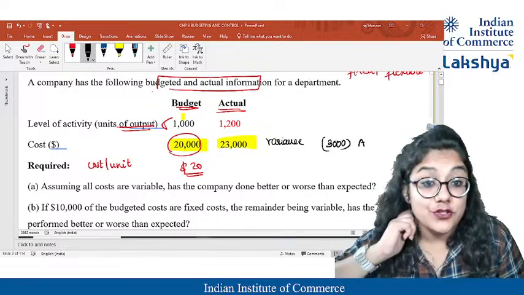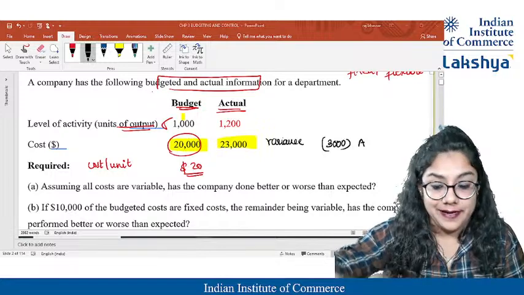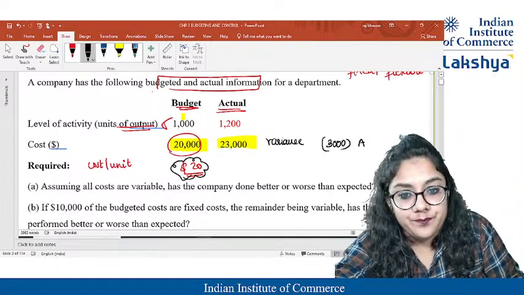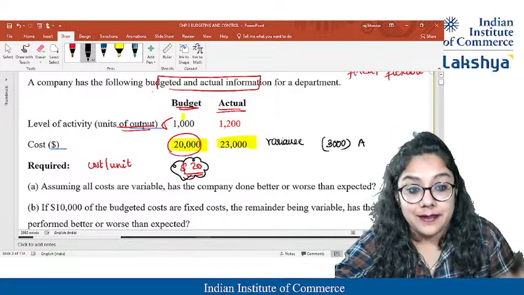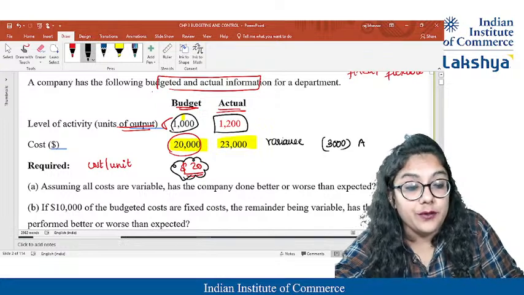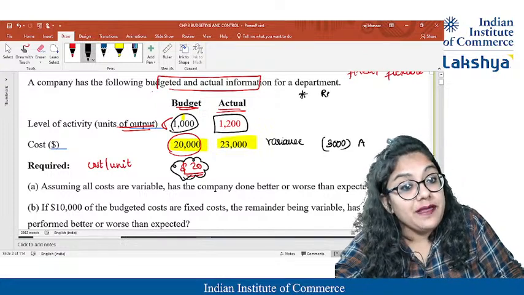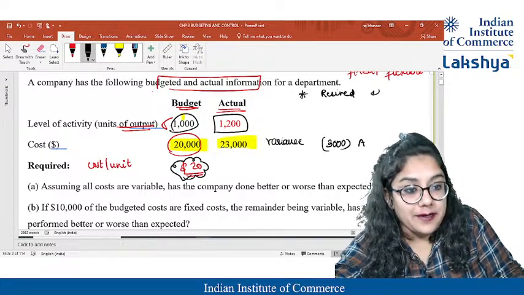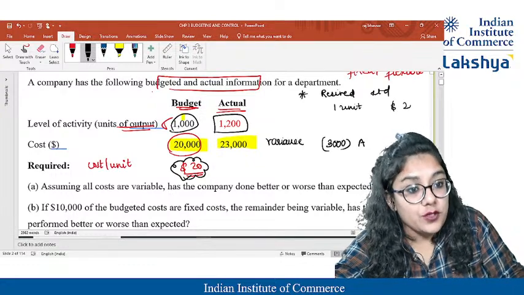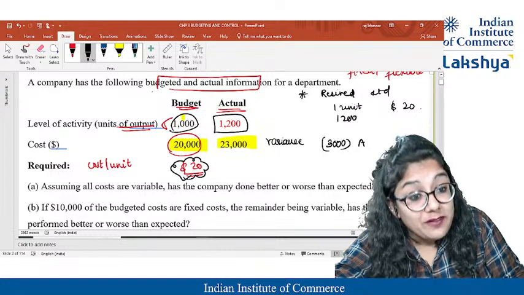But you cannot take these decisions until you go ahead. For example, I got this cost per unit, and I got to know that in the current year, I didn't make only 1000 units. No, I made 1200 units. So what should be my revised standard? If for one unit I'm taking a cost of $20, then for 1200 units, how much does it need to be?